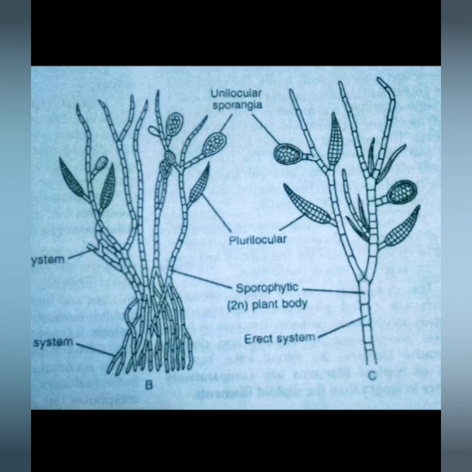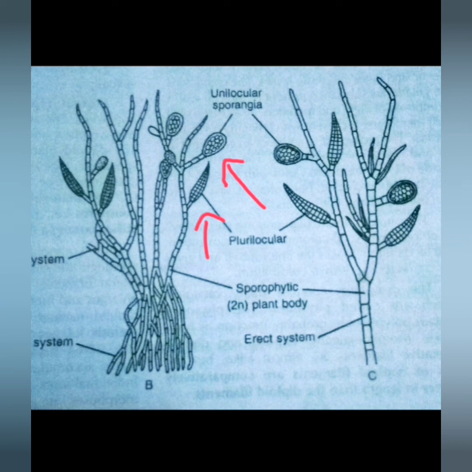So when they develop, as you can see here in figures B and C, these diploid thalli bear both unilocular as well as plurilocular sporangia. You can see both are present.